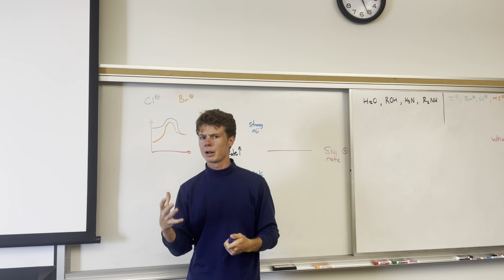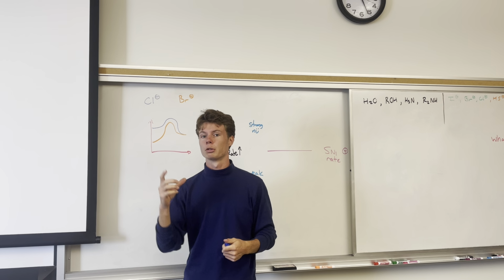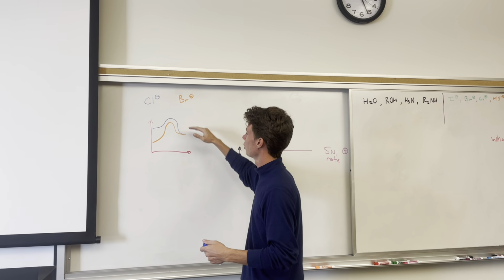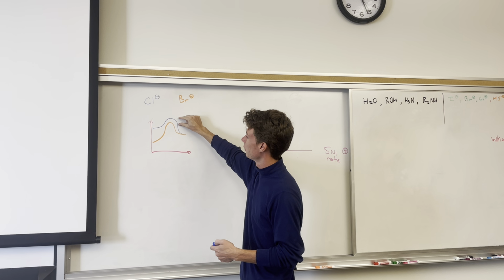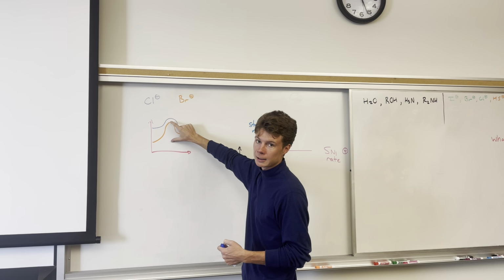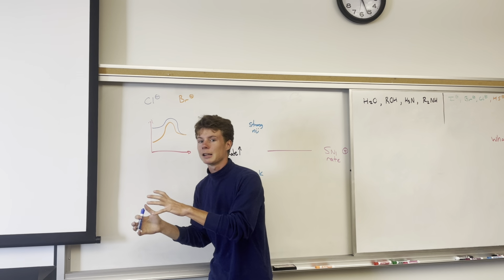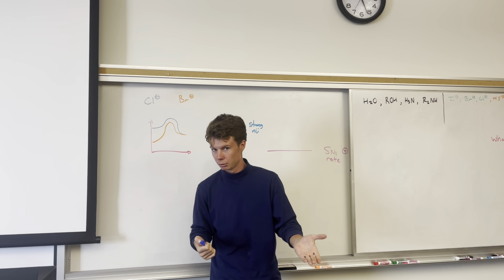Which one's going to be a better SN2 nucleophile? Which one's going to be faster? The one with the lower activation energy. So although chlorine has a higher energy intermediate, notice its activation energy is a lot smaller than bromine's. Just relating that energy standpoint to rate. Your textbook mentions it.